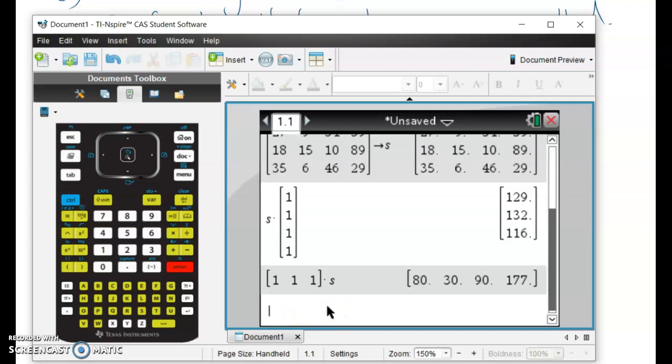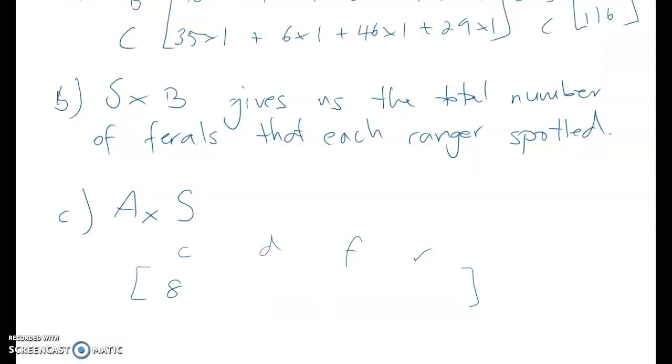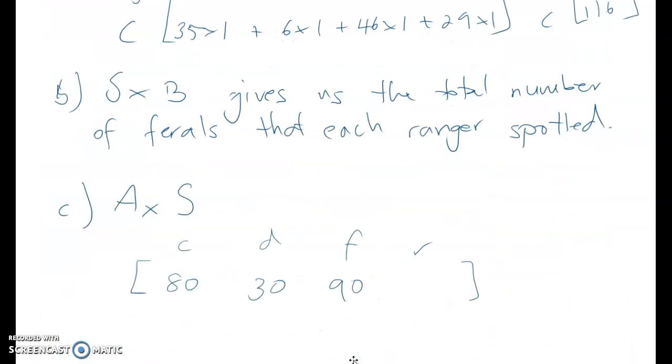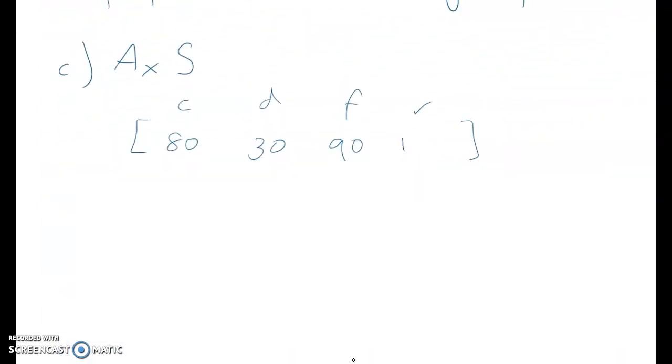And we get 80, 30, 90, 177. So let's add that to what we have. That is a lot of rabbits, but you should expect that.